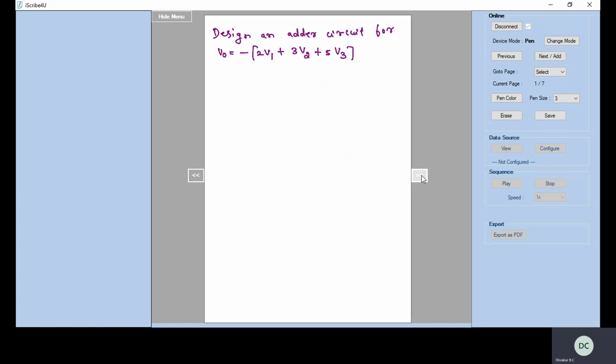Since given the negative sign, the output voltage is the negative sum of the input voltages, so it is an inverting adder circuit.